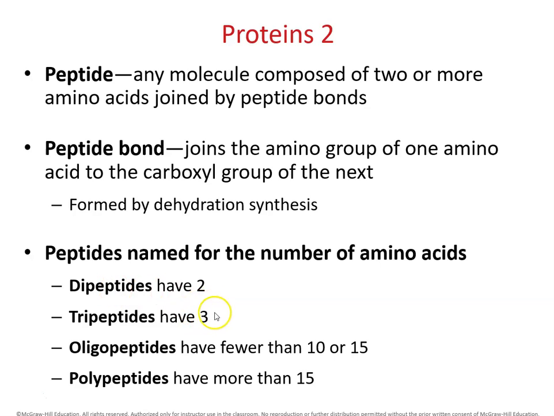Three amino acids joined together, tripeptide. 10 to 15 and more than 15, oligo and polypeptides. The numbering here is a little different depending on what source you look at. Now, a full protein can be more than 1,000 or multiple thousand amino acids long. So this is how we would describe very short chains of amino acids.